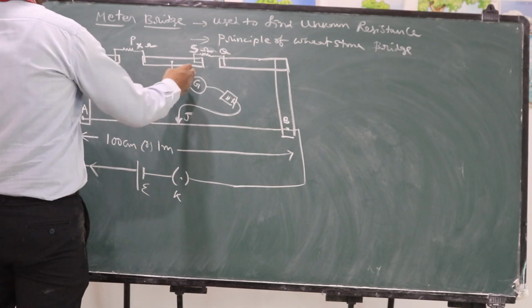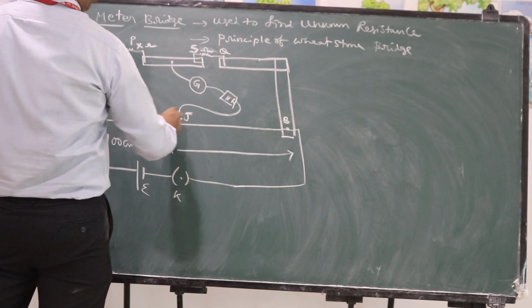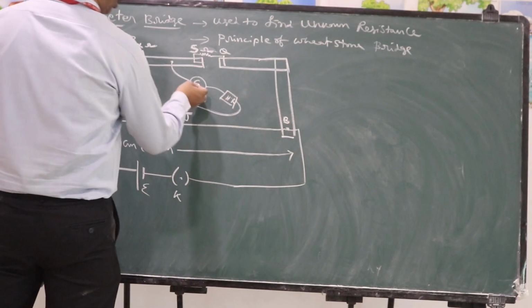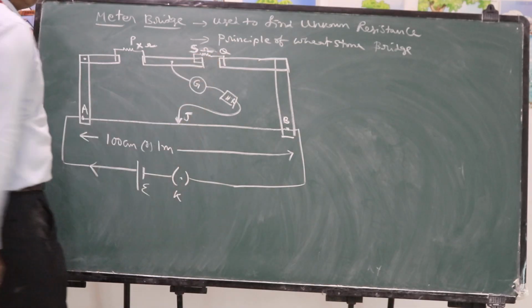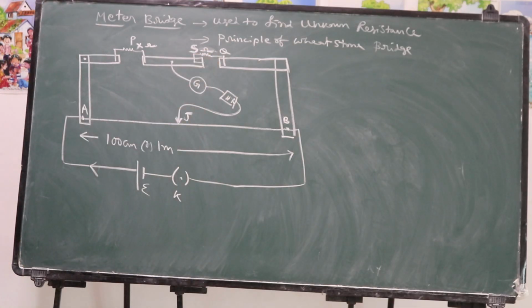When we keep the jockey at A, it may show right side deflection. When we keep the jockey at B, it may show left side deflection. That means some current is passing through the galvanometer.